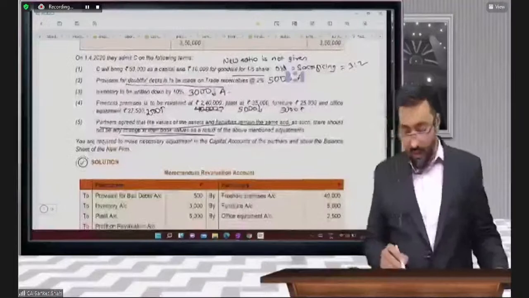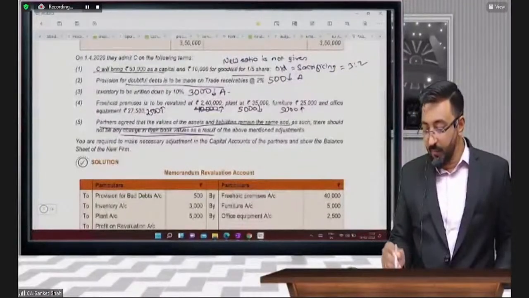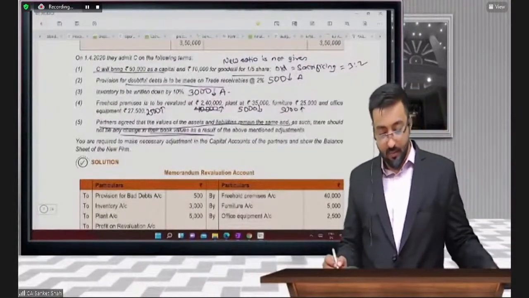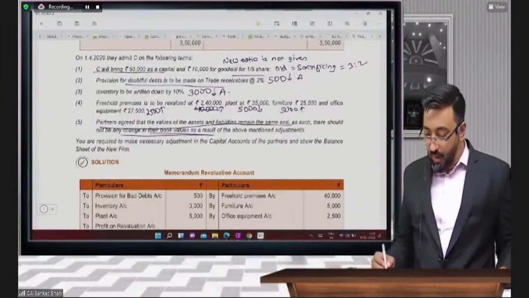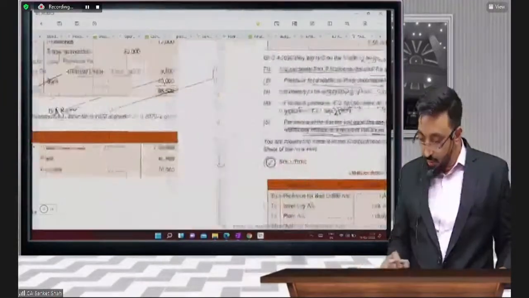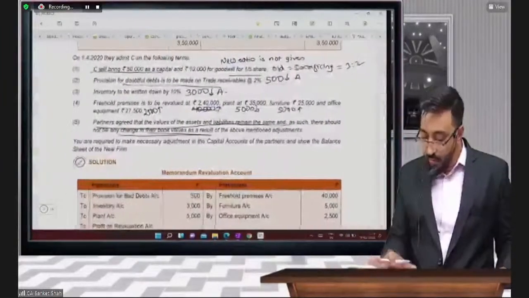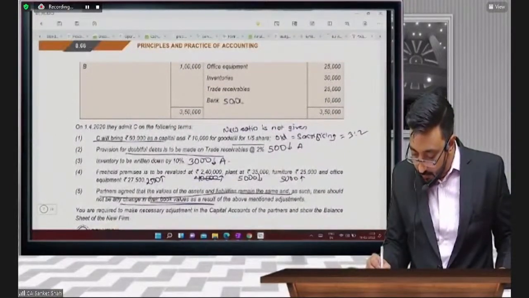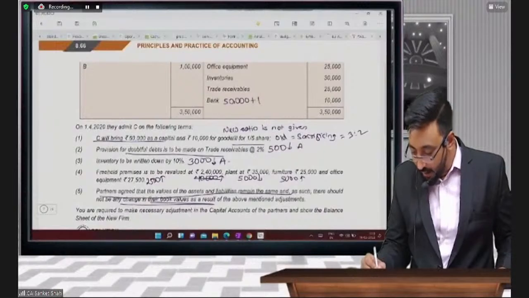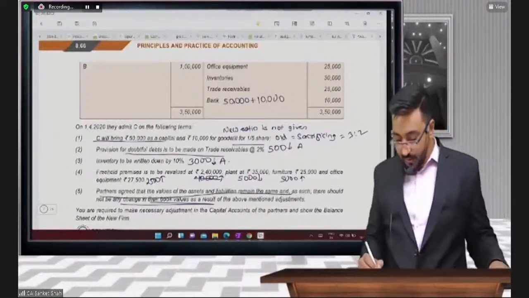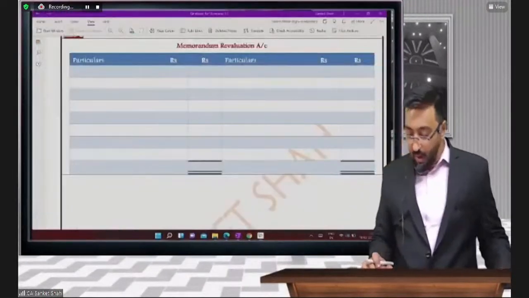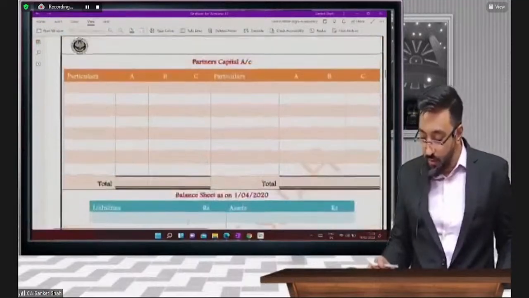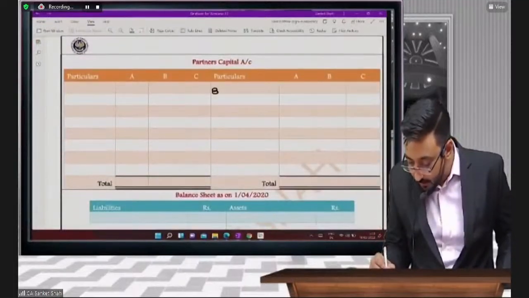One line by line. C will bring 50,000 as capital. So in bank account, cash account debit 50,000 and 10,000, so 60,000. So capital account. First thing we are going to do: write down opening balances.